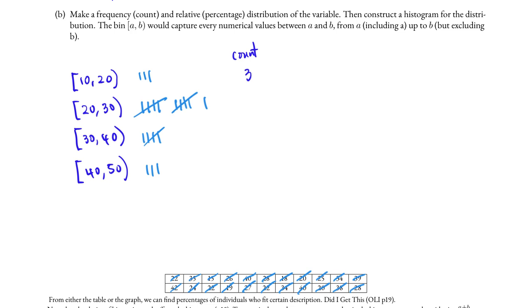There are 3 in the first bin, there are 11 in the second bin, there are 5 in the third bin, and there are 3 in the last bin. Let's see. 3 plus 11 plus 5 plus 3, 14 plus 8 is 22. That's correct because we have 22 values.